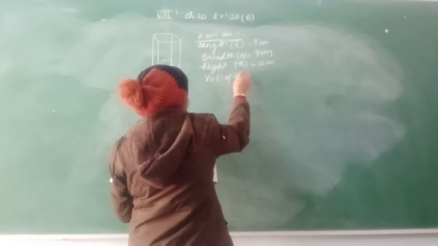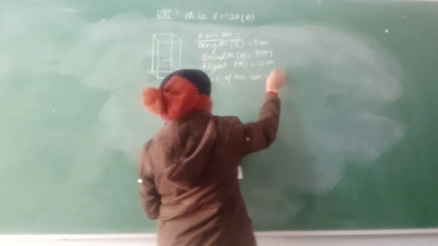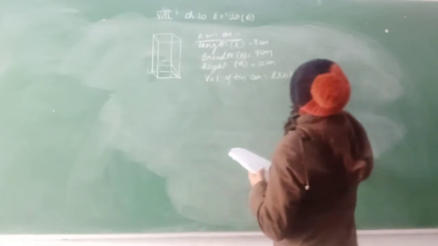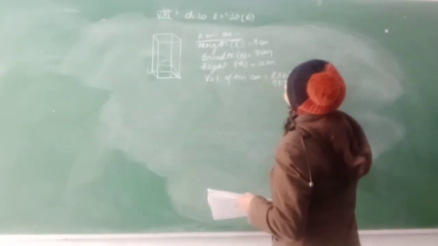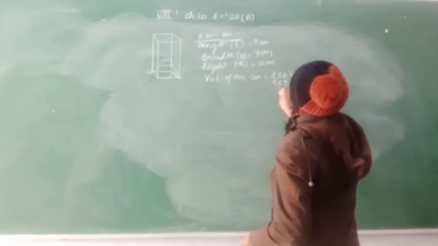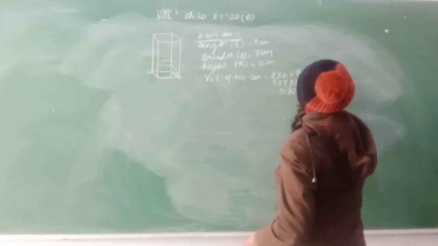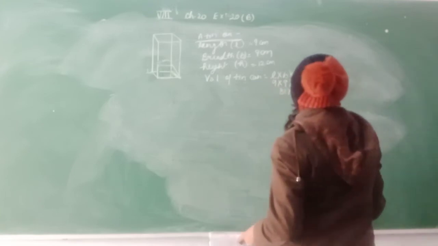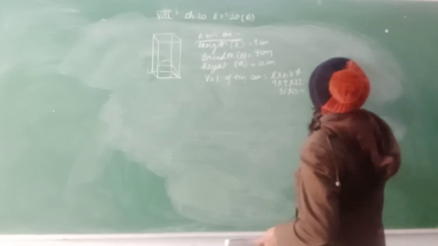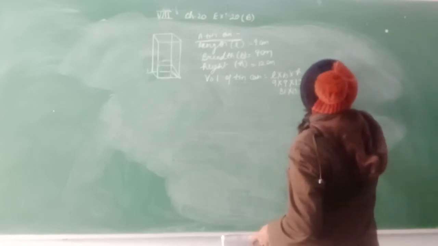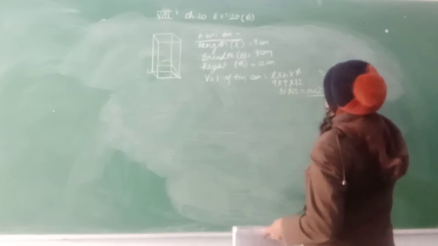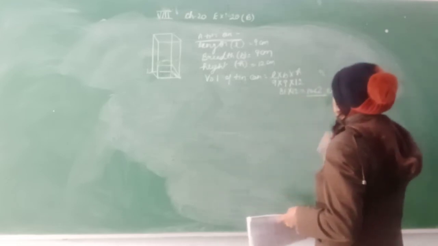So the volume of this tin can, which is a cuboidal shape: L multiply B multiply H, 9 into 9 into 12. 81 into 12, 12 ones are 12, 12 eights are 96, 96 and 10, 162 centimeter cube.